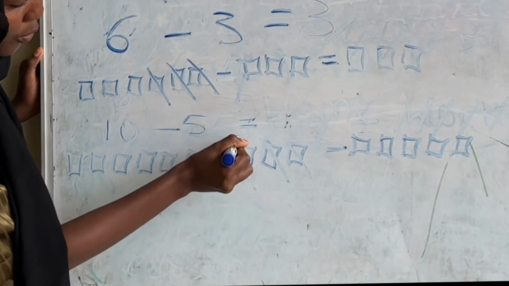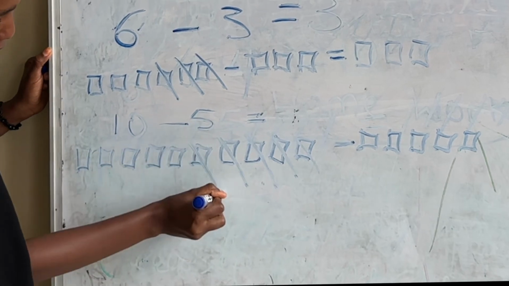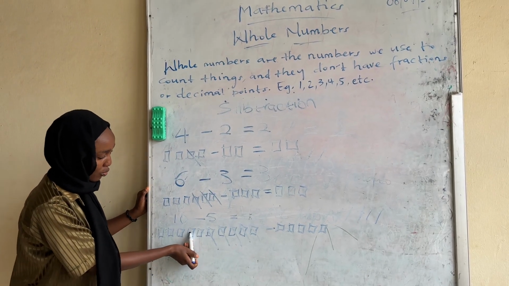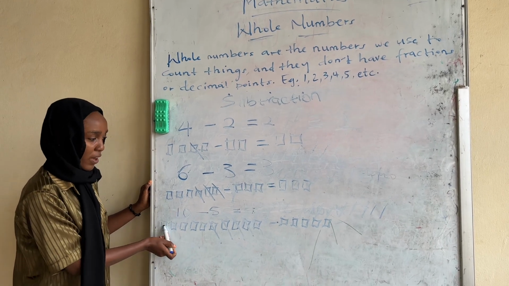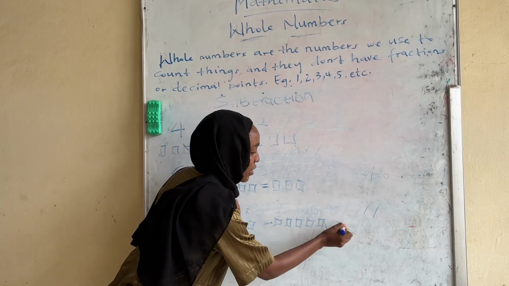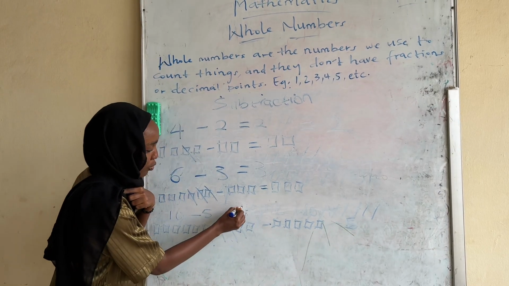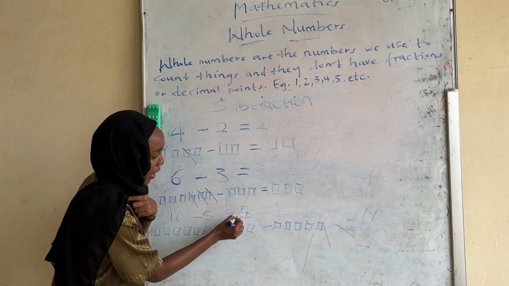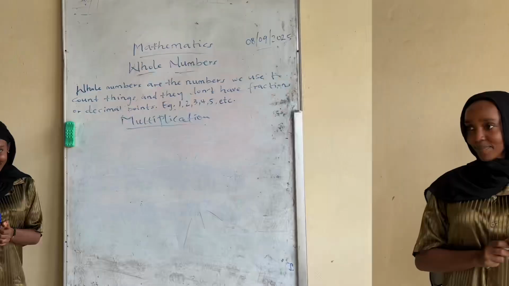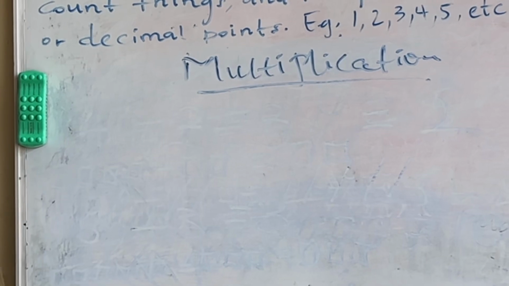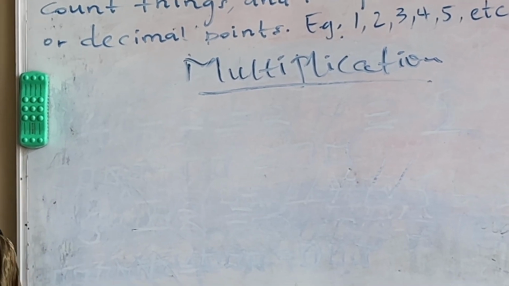So you minus 1, 2, 3, 4, 5. You count the remaining boxes left in the room, which is 1, 2, 3, 4, 5. Now 5 boxes are left in the room, and always remember that you are dealing with whole numbers, so you put the 5 remaining.